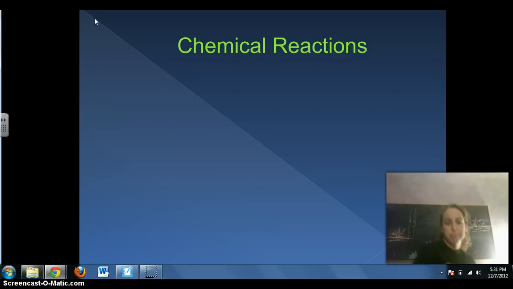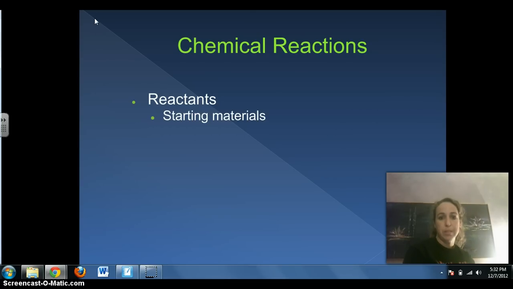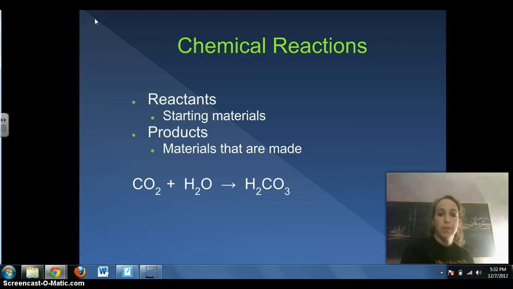All right. When we talk about chemical reactions, we have 2 parts of a chemical reaction. We have the reactants, which are the starting materials, and we have the products, which is what you're making. When you look at this chemical reaction, the carbon dioxide and the water are the reactants. The H2CO3, which is carbonic acid, is the product. That's what you made.